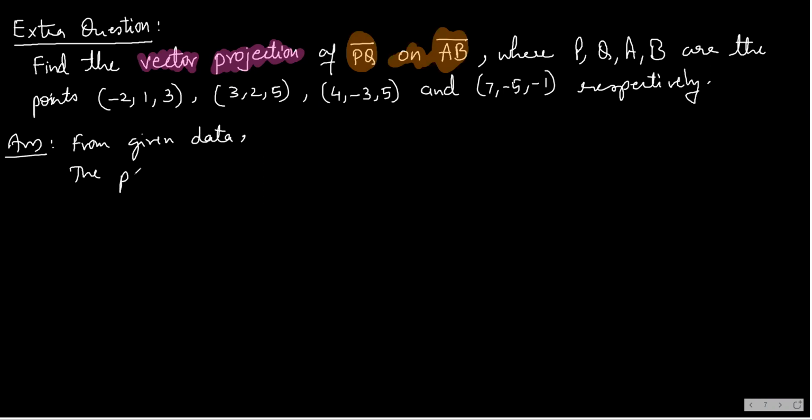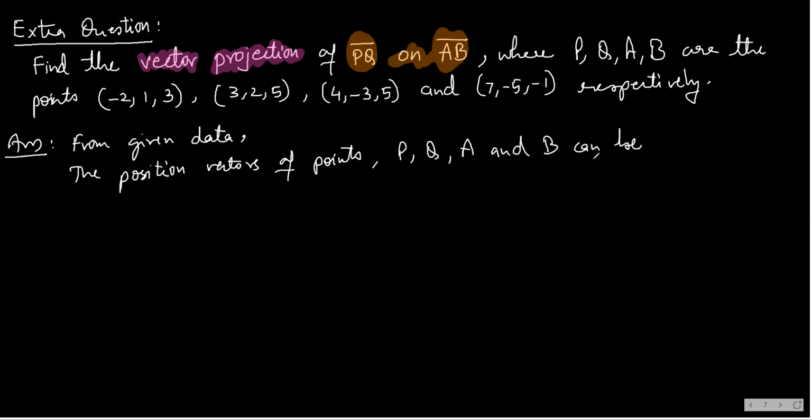The position vectors of points P, Q, A, and B can be written as follows.